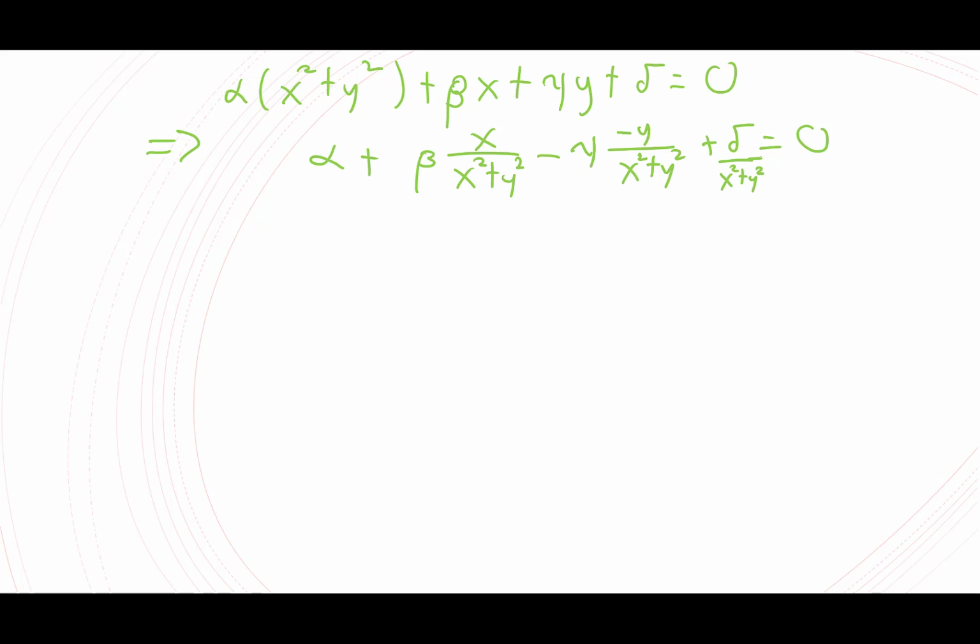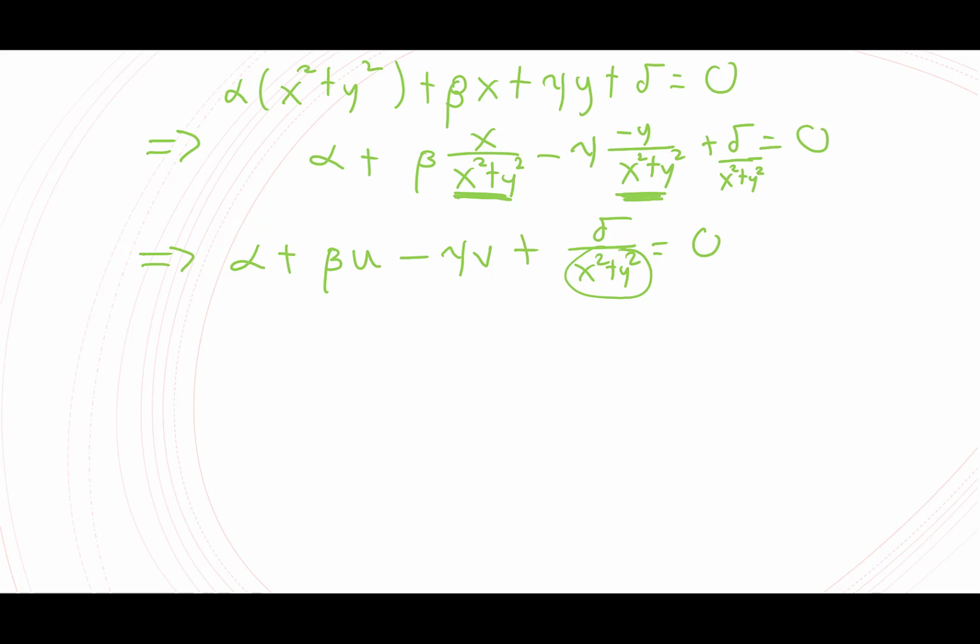Well, like I just sort of spoiled, what is this quantity right here? This is u. And what's this quantity right here? That's v. Now, if you think about it, what is 1 over x squared plus y squared?